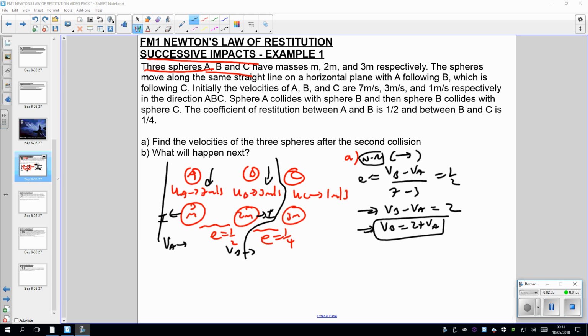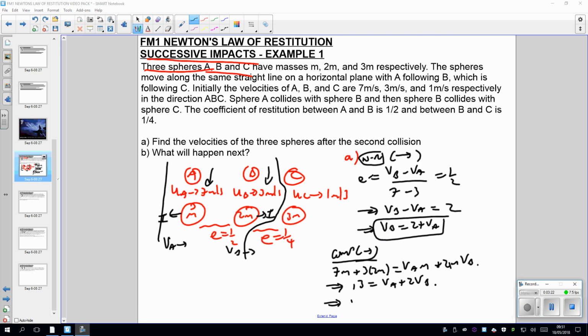We've got two unknowns, so we need two equations. So we're going to need conservation of momentum. We'll go to the right again. So 7m plus 3 times 2m equals VAm plus 2m VB. Those m's cancel. 7 plus 6 is 13, and we get VA plus 2VB.